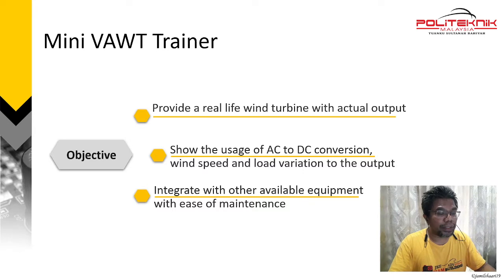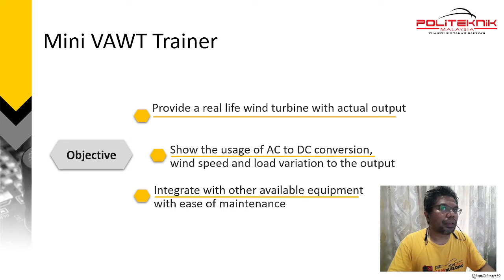The first one is to show and provide students the real form of output from the wind turbine itself. Normally, a ready-made trainer from the supplier already integrates the wind turbine with the panel, and students just learn and measure it in DC output.